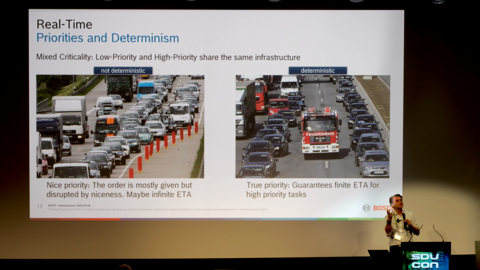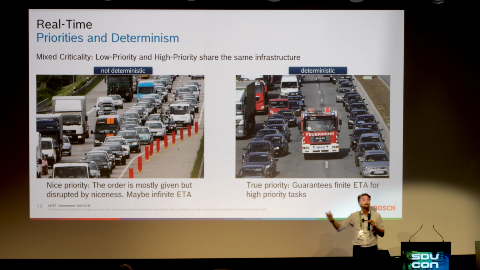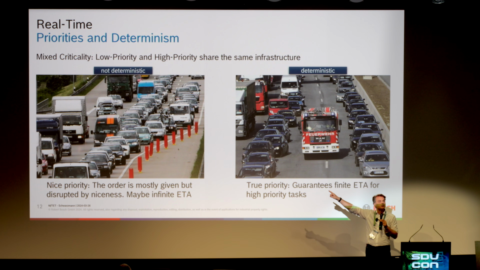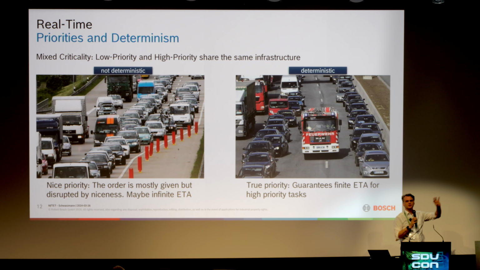Sometimes you have nice people who let in 2, 3, 4, 5 cars, and sometimes you have not very nice people who do not let anyone in. This system is not deterministic because you cannot know the order of the cars coming out. It's impossible to determine what the order of the cars coming out of the system is.